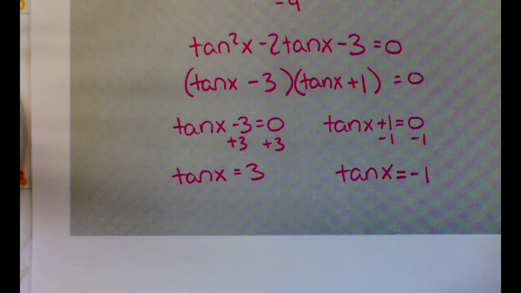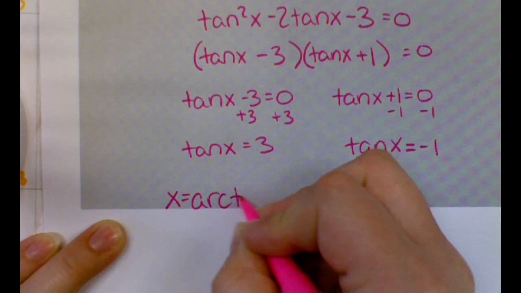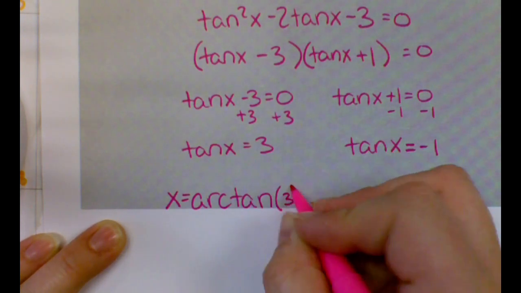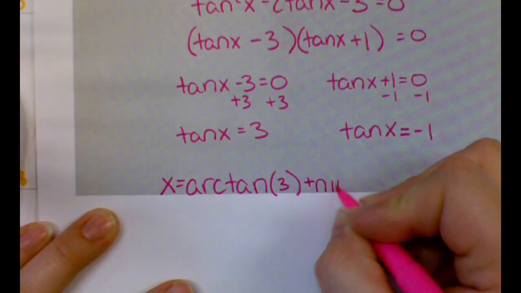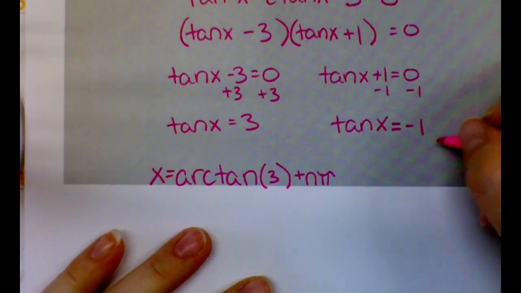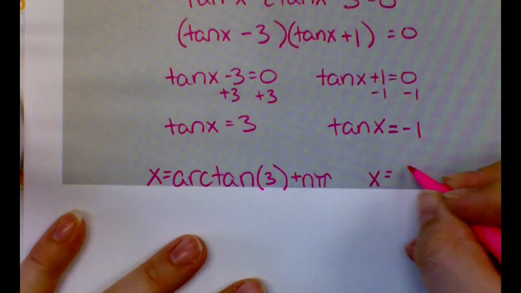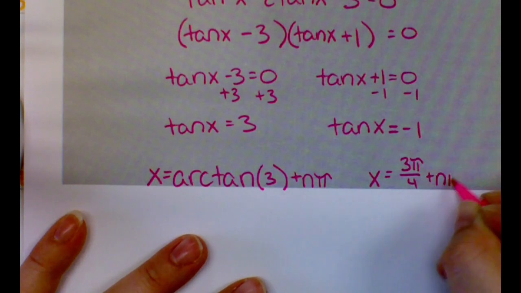Not something I know. But I do know that x would then equal the arctangent of 3, and it repeats every n pi. That's as good as I can get without a calculator. If the tangent of x is negative 1, though, that is at 3 pi over 4 plus n pi.